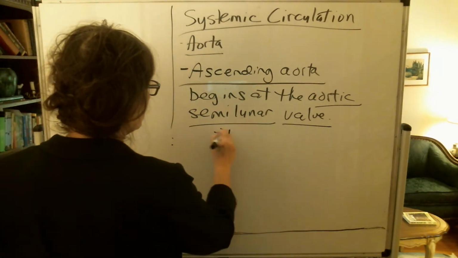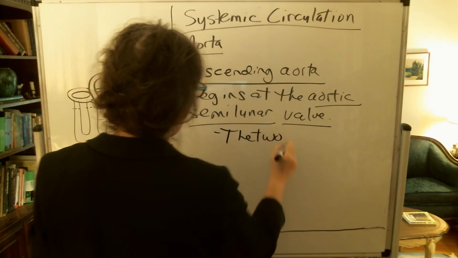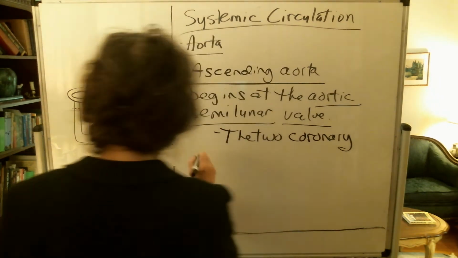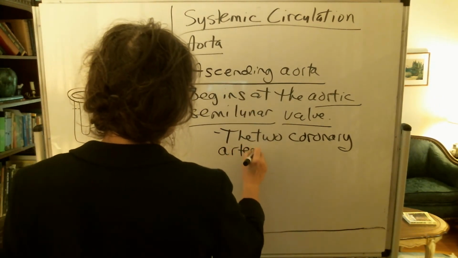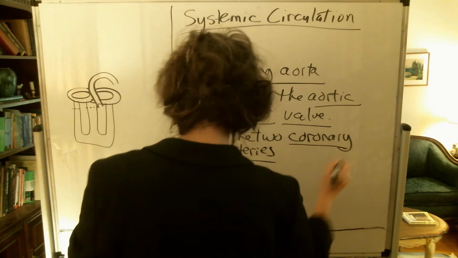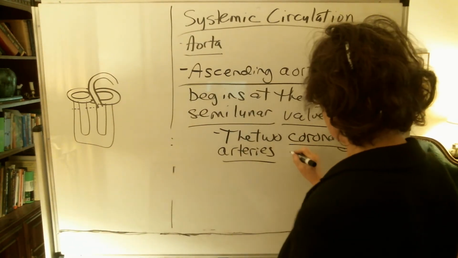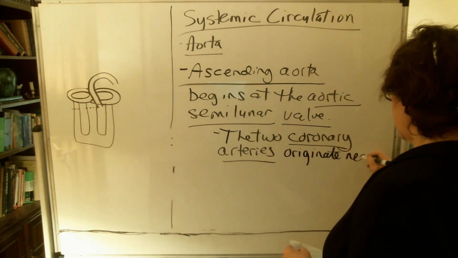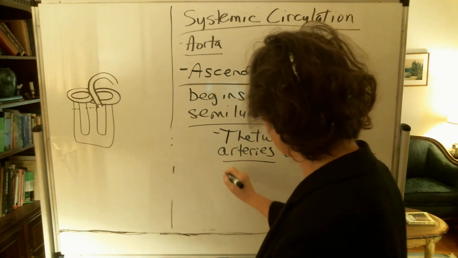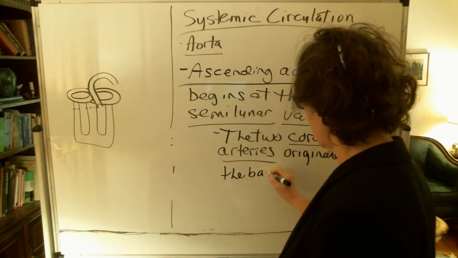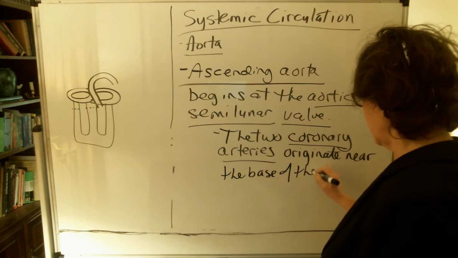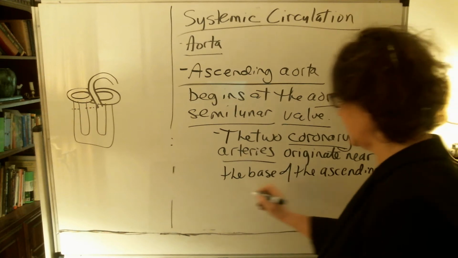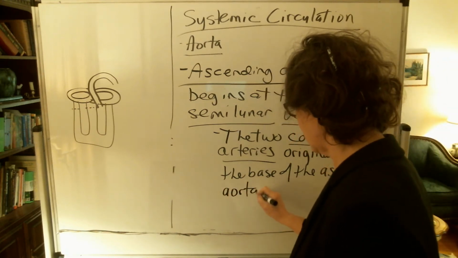So the two coronary arteries then originate near the base of the ascending aorta.